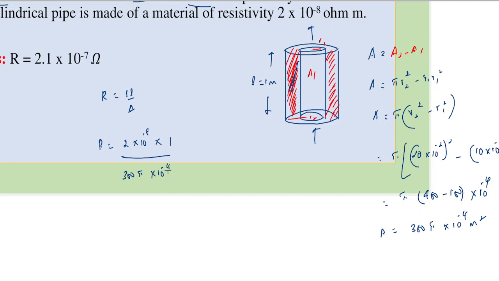The 10 power minus 4 gets cancelled, so what remains here is 10 power minus 4. So 2 ones are 150s, and if we solve this, then what we get is R is equal to 2.12 into 10 power minus 7 ohm. So this is the required answer.